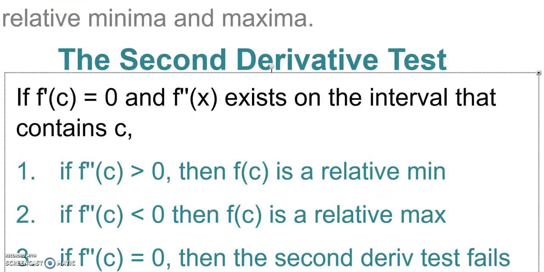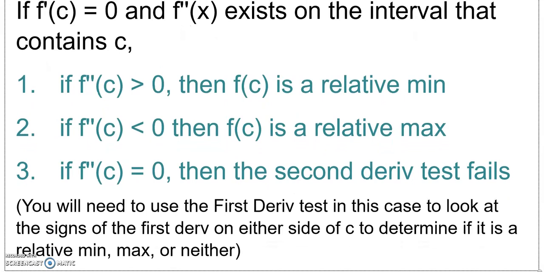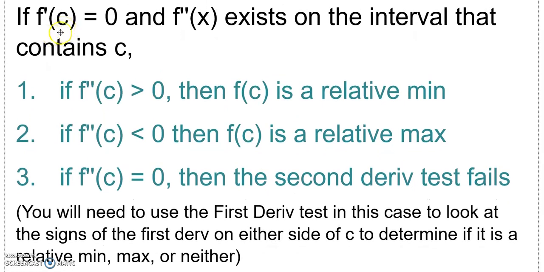Okay, so let's take a look at the second derivative test here. If the first derivative of c equals 0 and the second derivative exists on that interval, if the second derivative of c is greater than 0, then f of c is a relative minimum.